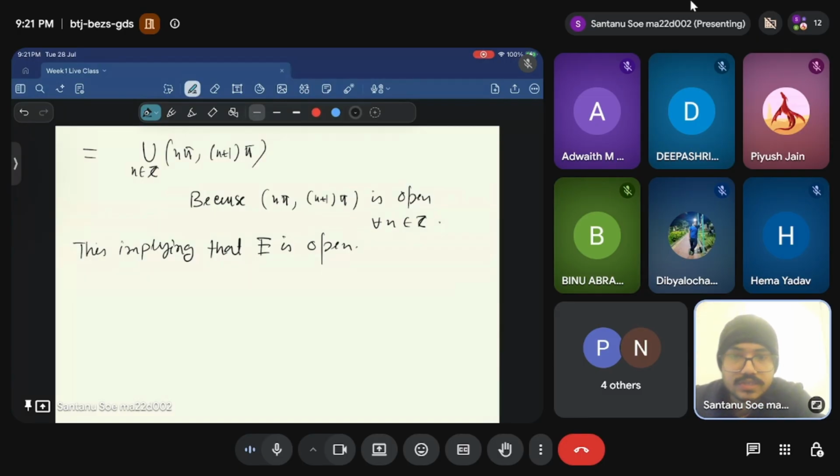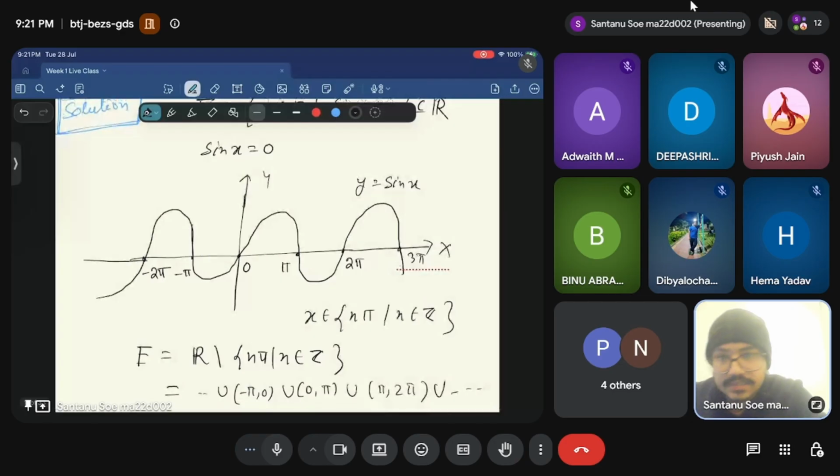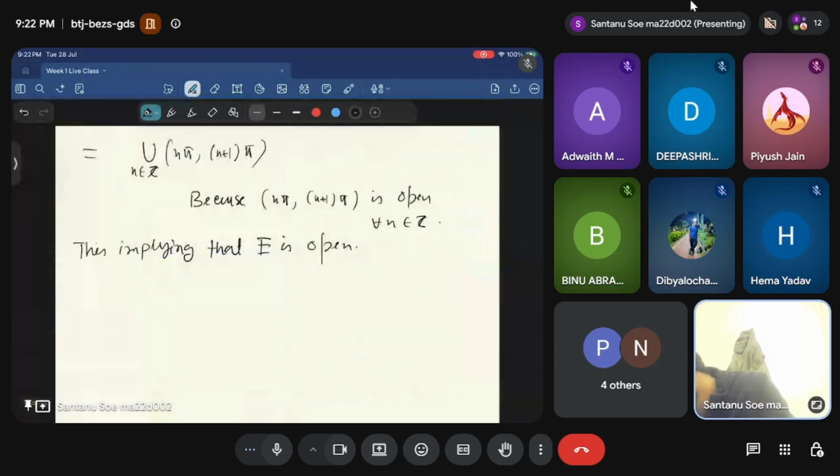There are many ways to prove this. Another way is to show that the set {n pi : n belongs to Z} is closed. If that set is closed, the complement should be open, right? We already know that Z is closed. If Z is closed, you multiply by pi, that will also be closed, and this set is just pi Z, correct? So E is just R minus pi Z, and pi Z is closed.